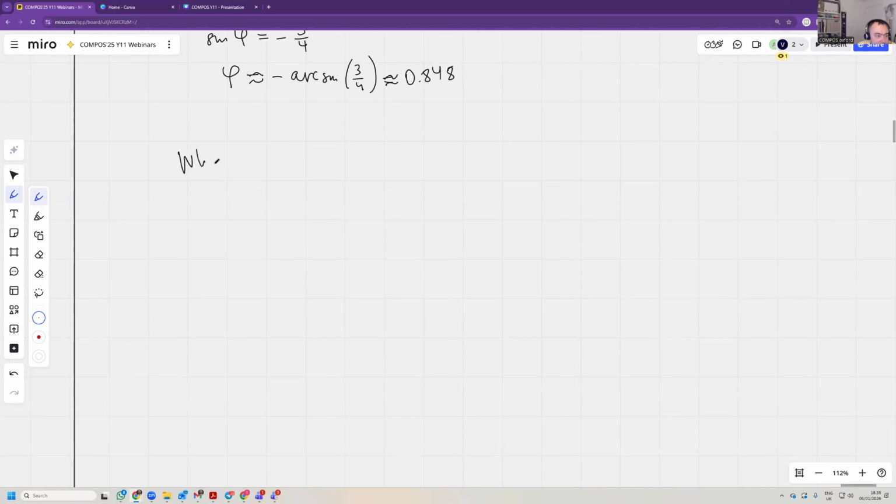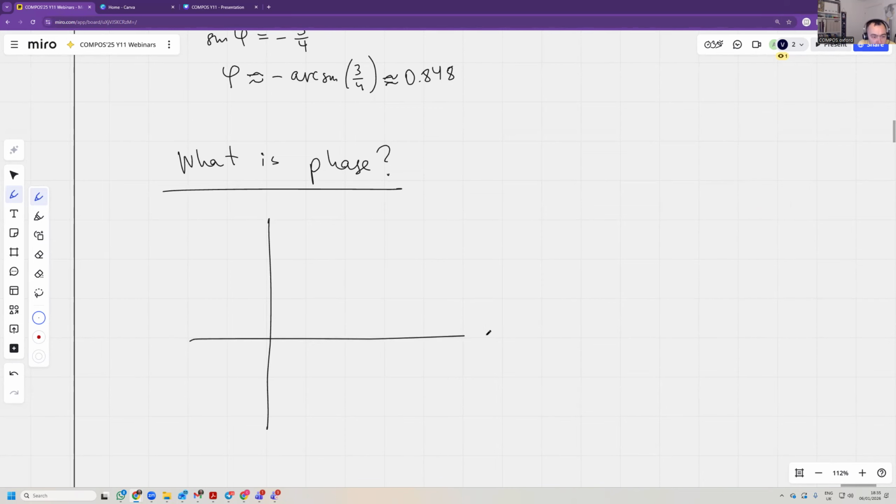So what is phase? Let's say x, sorry, that's t, time. x is the amplitude multiplied by sine of omega t plus phi, right?